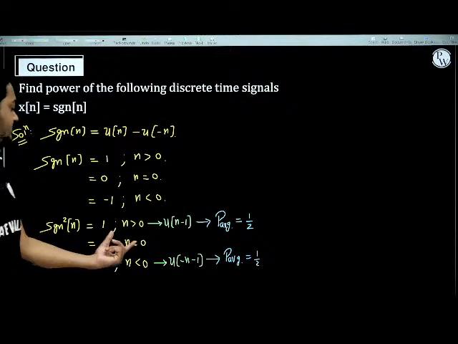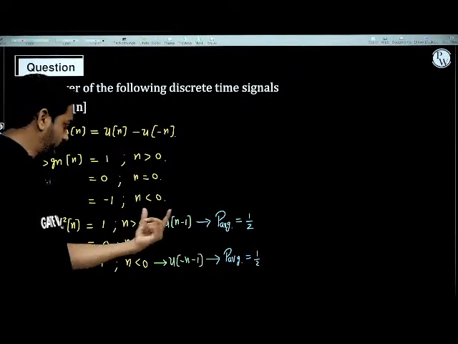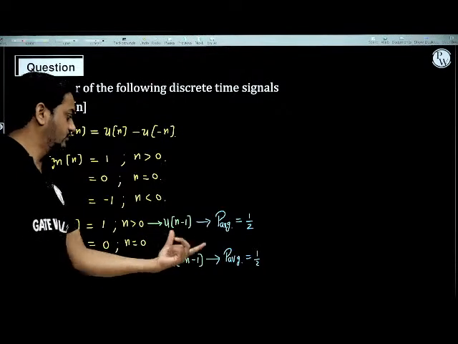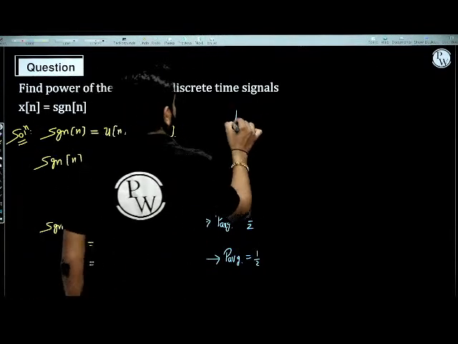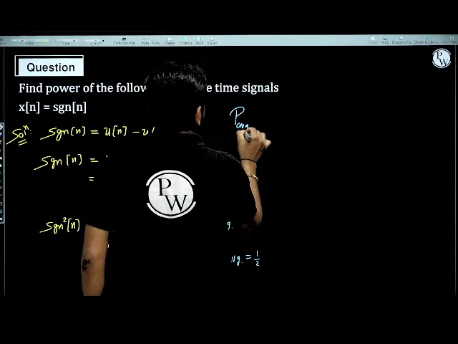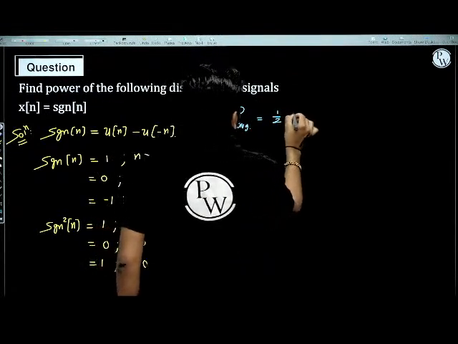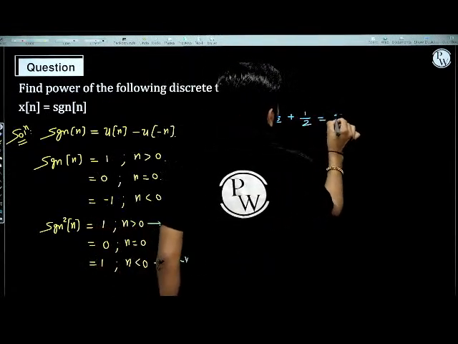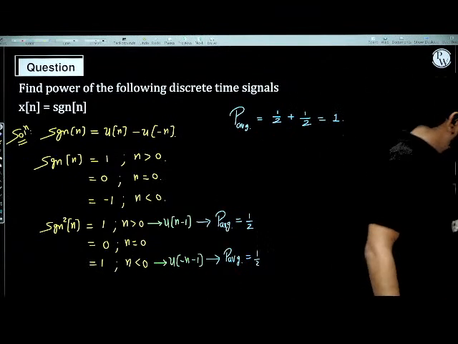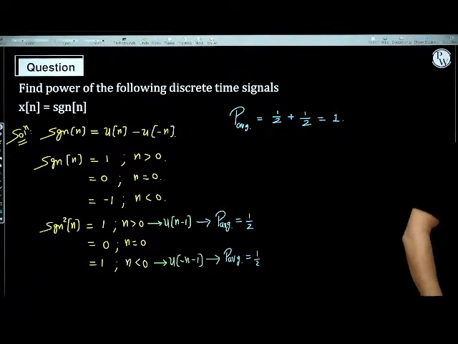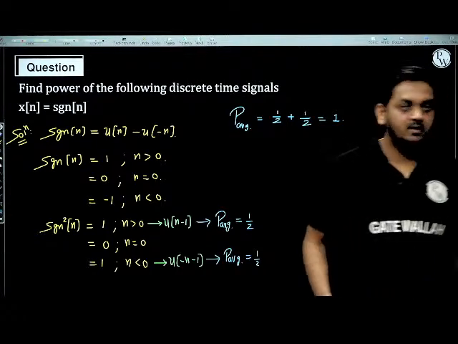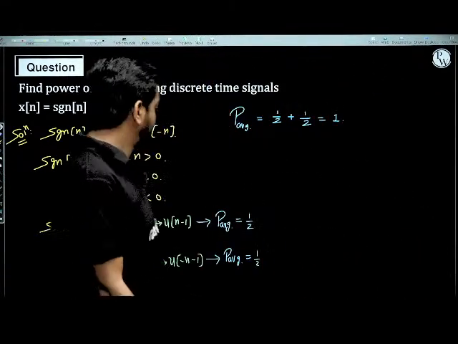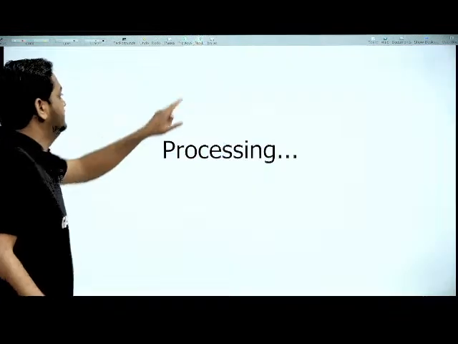So the total power of the signum function is 1 by 2 plus 1 by 2, which is 1, correct? Clear? Is this clear to each and everyone? So the power of the signum function is 1.